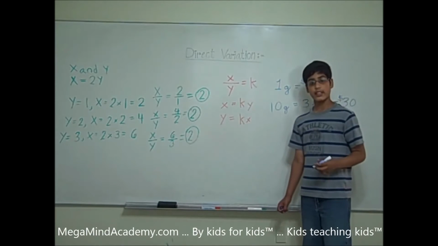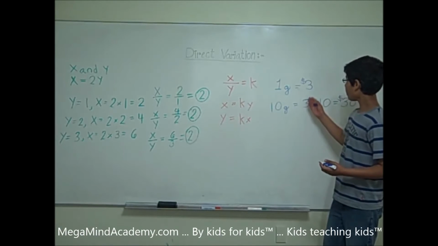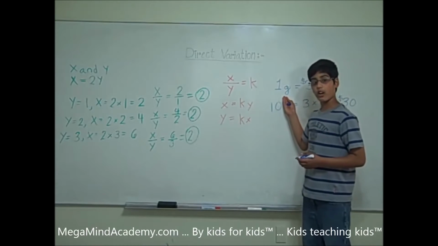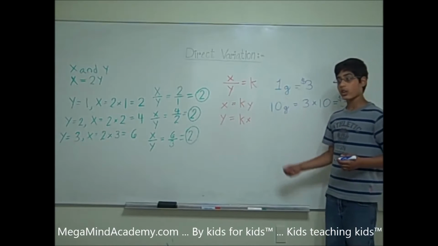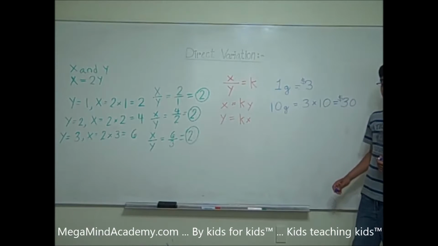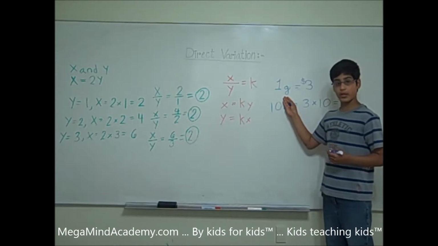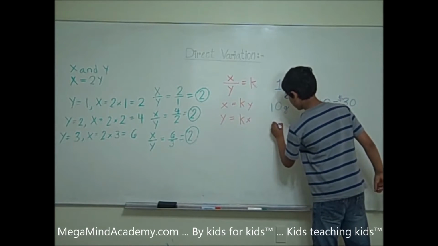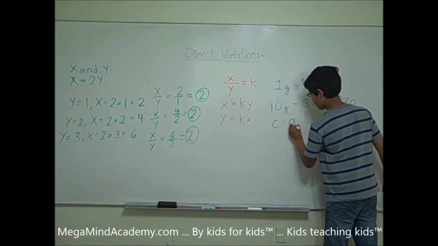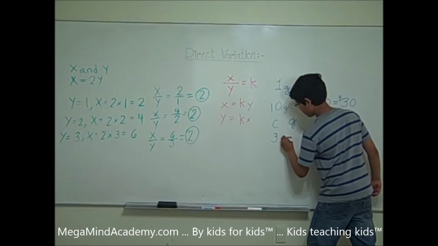Now, let's write the ratio of the cost of the gallons to the number of gallons, because we are finding out the direct variation of the cost of the gallons to the number of gallons. So the cost to the number of gallons is equal to 3 to 1.